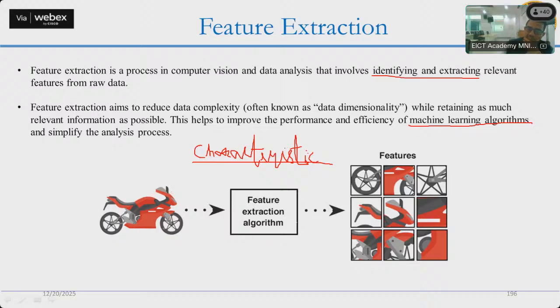If you feed it to any feature extraction algorithm, it will break into different image parts. The tire is there, and this part is there. Our purpose is to identify a feature that is unique to this bike.